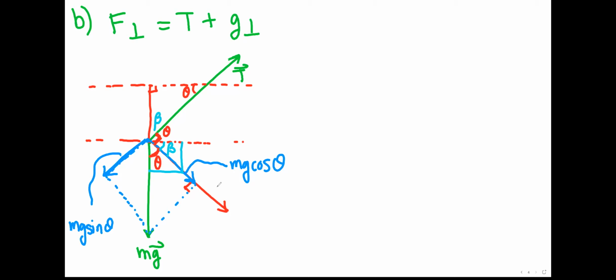Actually, we don't need the right hand rule here, because we can define the coordinate system however we want. I'm just going to label this as i hat and j hat. So this is going to be in the negative j hat direction, and this will be in the positive i hat direction, because I've just defined the j hat to be this one instead of that one.